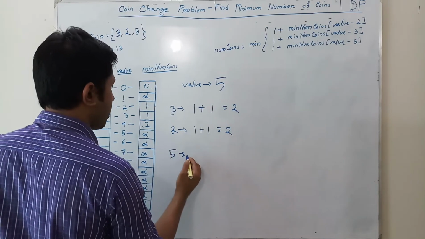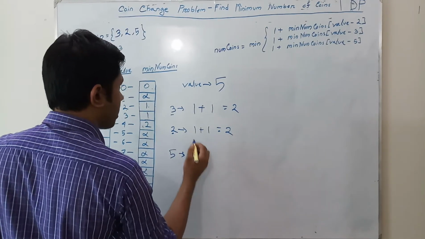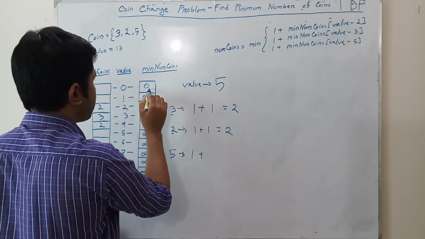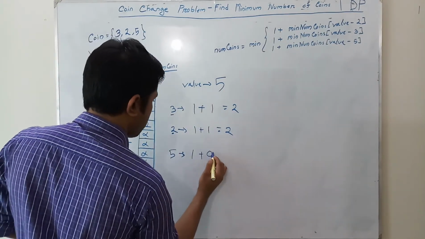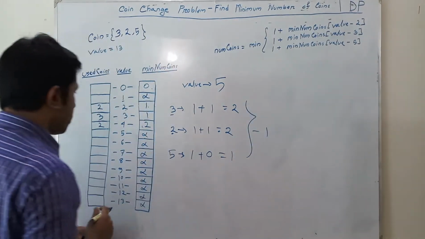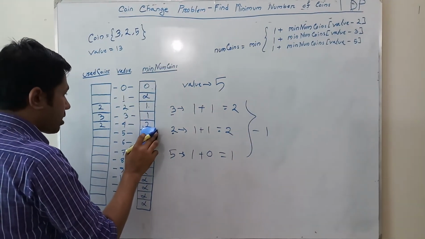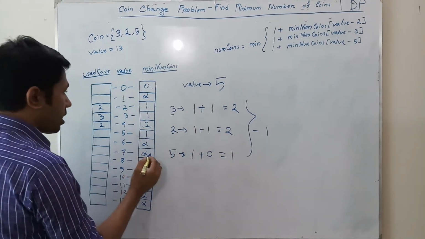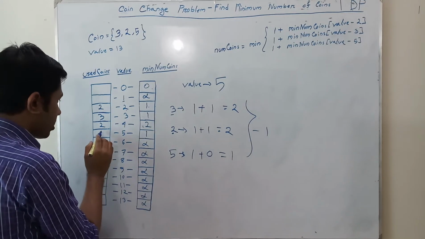We can use 5. After using 5, the remaining value is 0, and for the 0 value the minimum number of coins is 0, so here will be 1. Here the minimum value is 1.